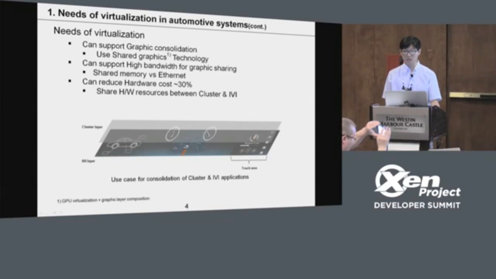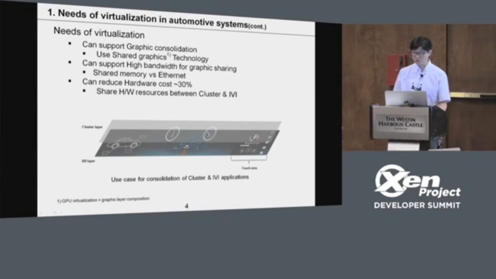Only special customers related to the car industry were invited for the demonstration. Everyone was satisfied with the demonstration of the graphic consolidation system. Go back to this slide. I'm going to show you the reason why it is needed.